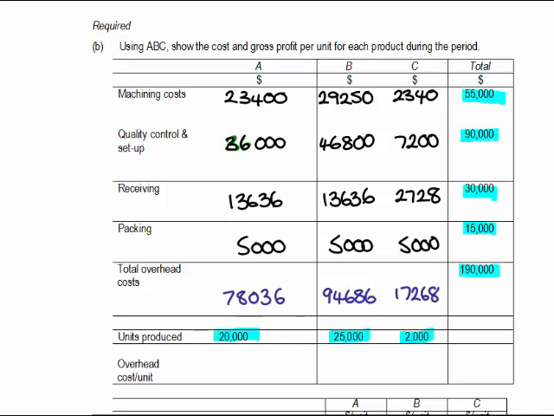Now your rounding is going to come out in the wash, because what we're going to do is divide each of these by the number of units produced, and any rounding that you've done there is not going to change the answer at all. So for the first one, we end up with a cost of $3.90. For the second one, we end up with a cost of $3.79, and the third one, $8.63.